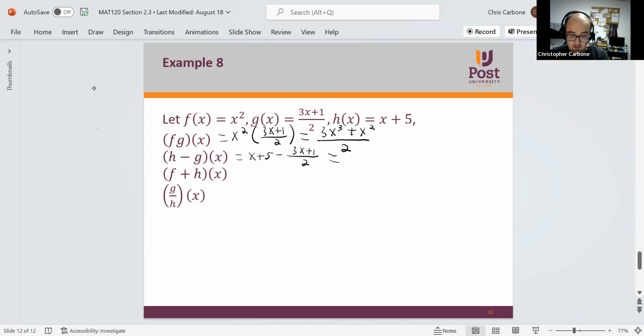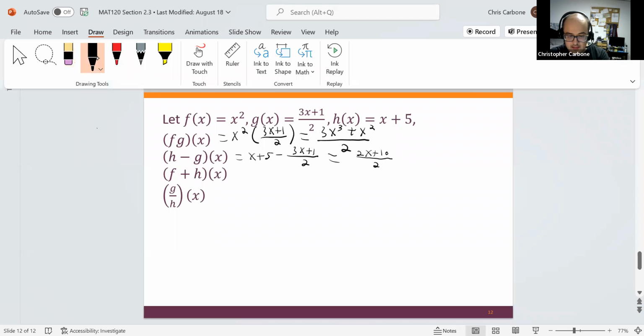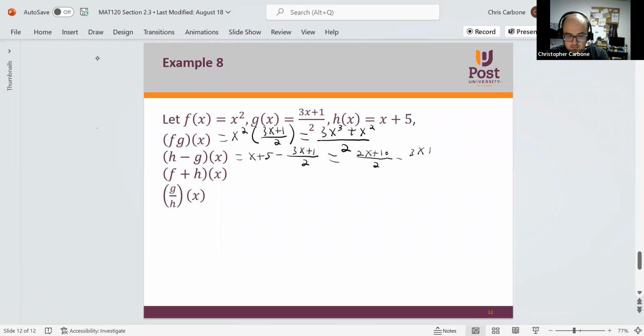So this just becomes 2x plus 10 divided by 2, minus, not plus, minus 3x plus 1 over 2. So combining, this would make negative x plus 9 divided by 2.